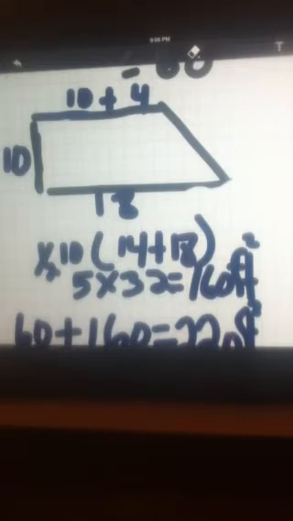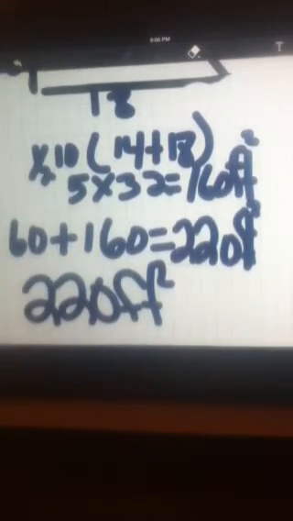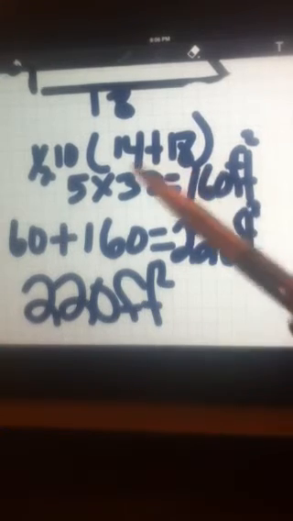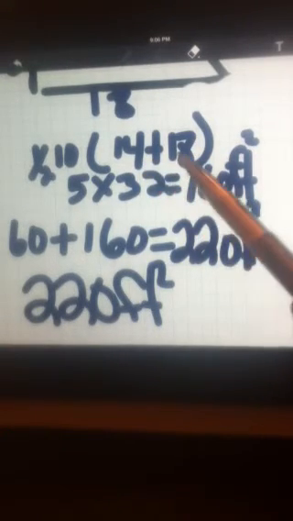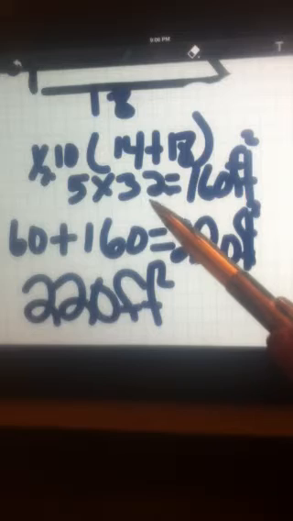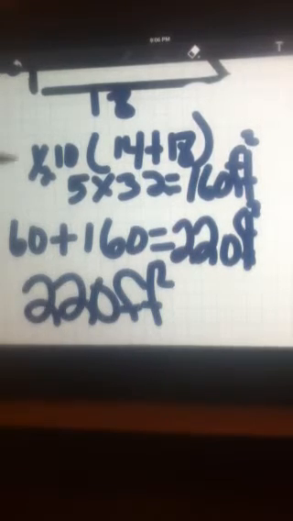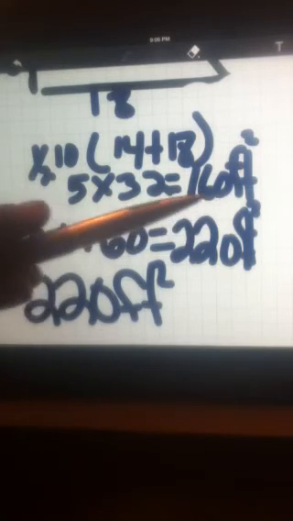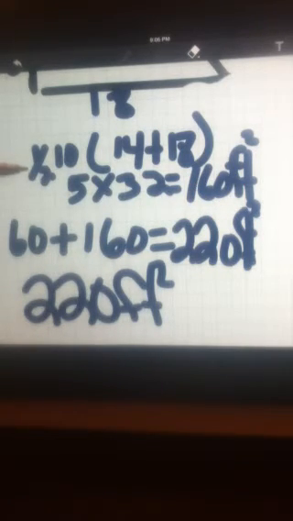And then we have where we plugged in the numbers here, which is base 1 plus base 2, 14 plus 18 is 32, order of operations. Then we have the height of the trapezoid, which is 10. And we divide that by 2, we get 5. 5 times 32 gives us 160 square feet for the trapezoid.